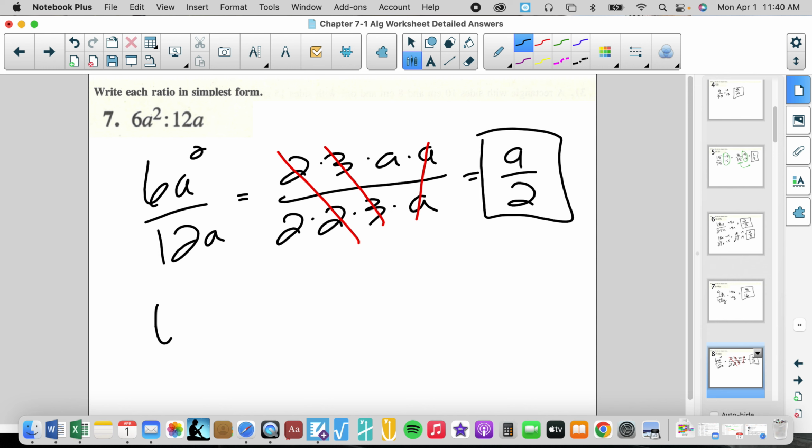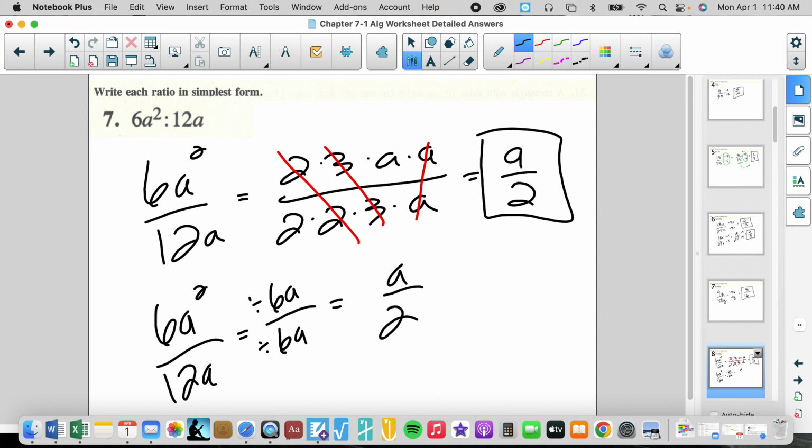It's way better mathematically, conceptually, going towards high school, to find the common factors. So that gives us a over 2. Same thing. So this is an okay way to build into it, but this is the high school method.